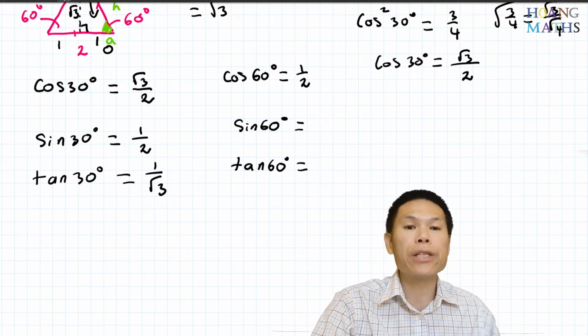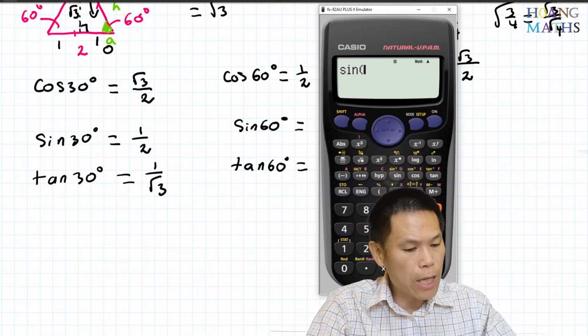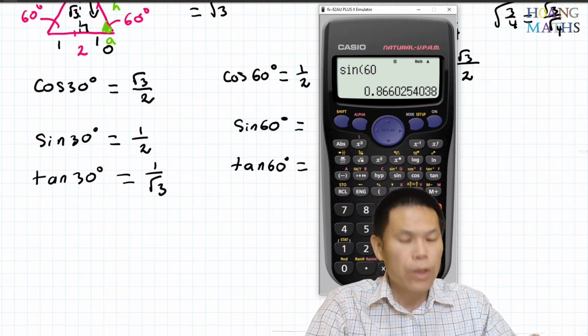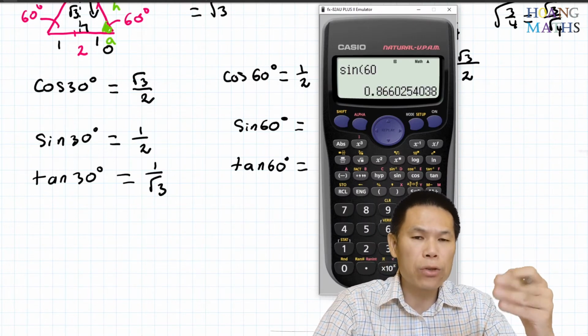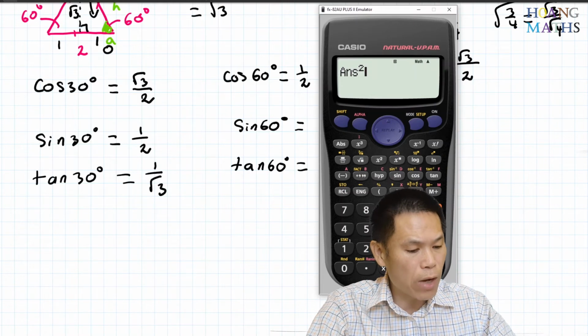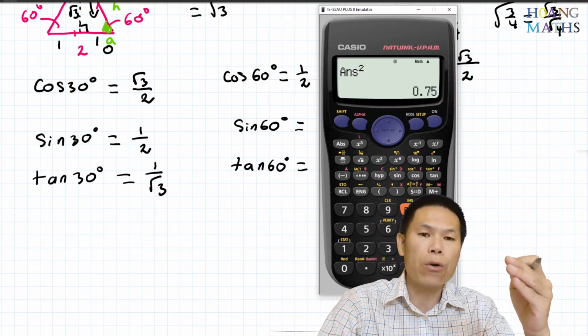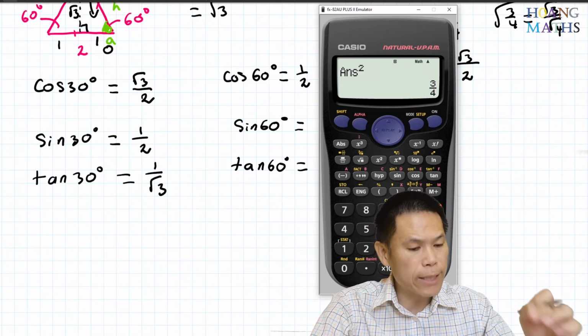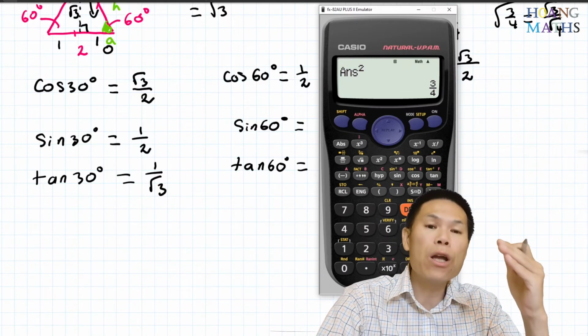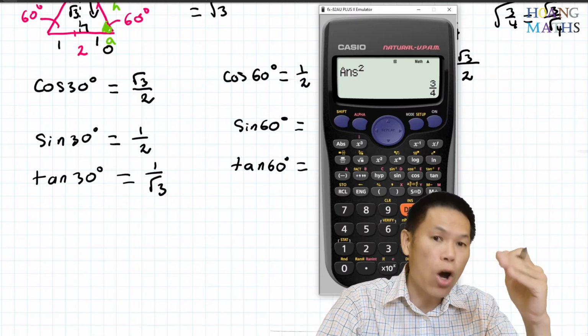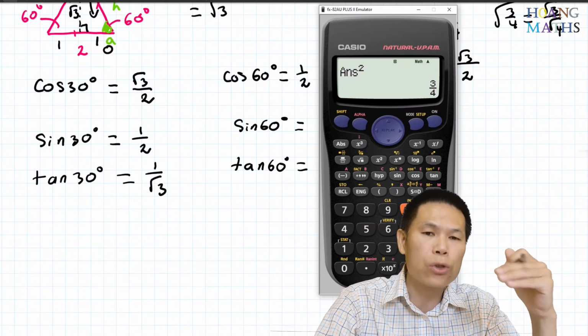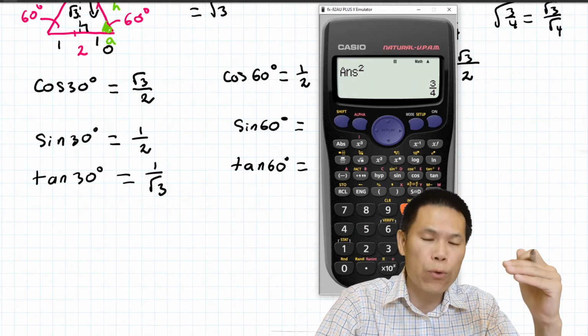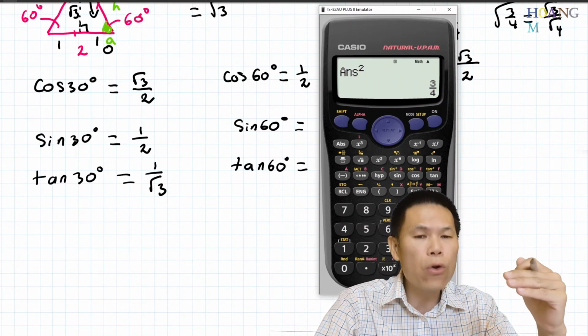Now sine of 60 degrees. So sine of 60. See, it is an irrational number. So I square it, it should give me a rational number. So there you go. 3/4 if I press SD. So therefore, we know that sine squared gives me that. So the opposite of that is the square root. So square root of 3 over square root of 4. And square root 4 is 2.